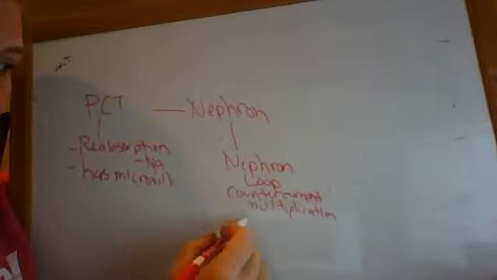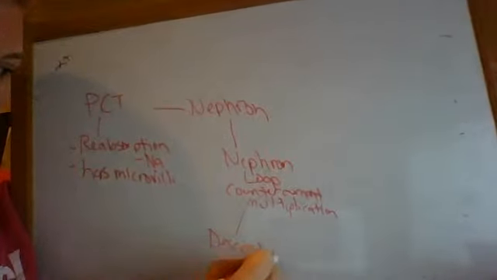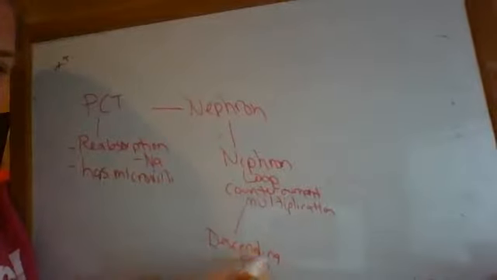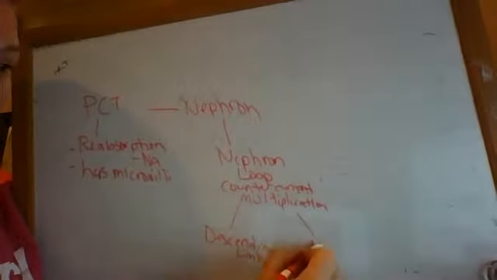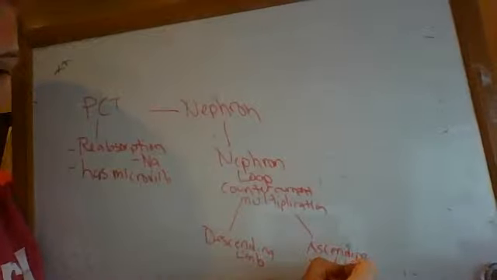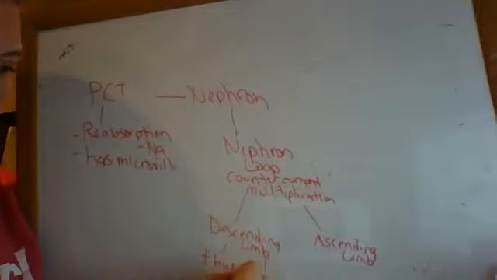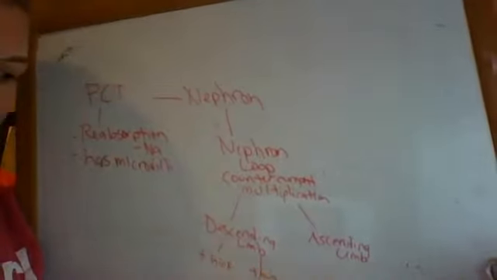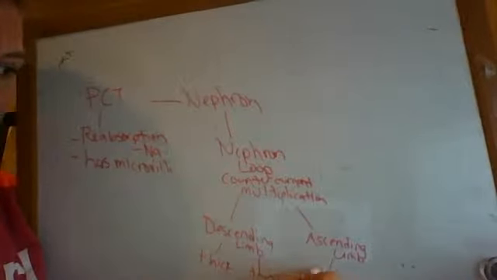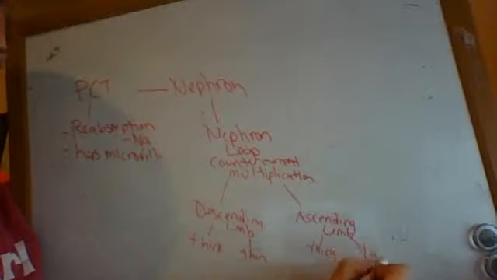And there's two parts to the nephron loop. First, there's a descending limb, and there is an ascending limb. The descending limb has a thick section and a thin section, and the ascending limb also has a thick section and a thin section.